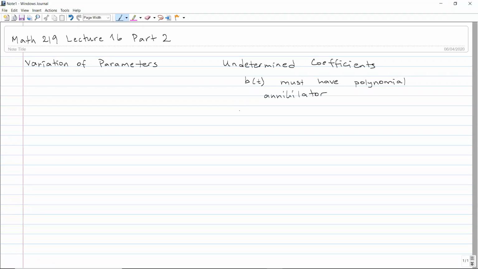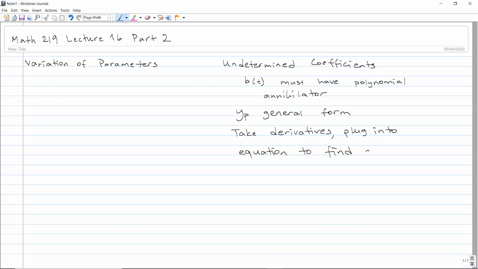In this case, you write the general form of y_p, then take derivatives, plug into the equation, to find coefficients. So for the method of undetermined coefficients, you need a polynomial annihilator.